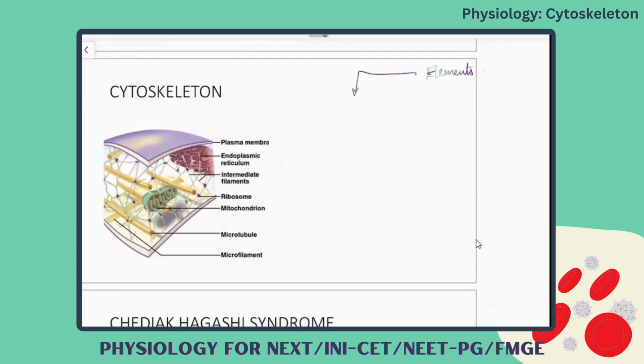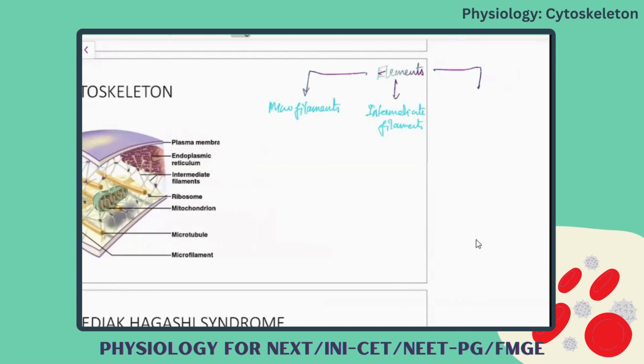In the cytoskeleton you have basically three elements. The first one is the microfilaments, then intermediate filaments, and the third one is the microtubule.